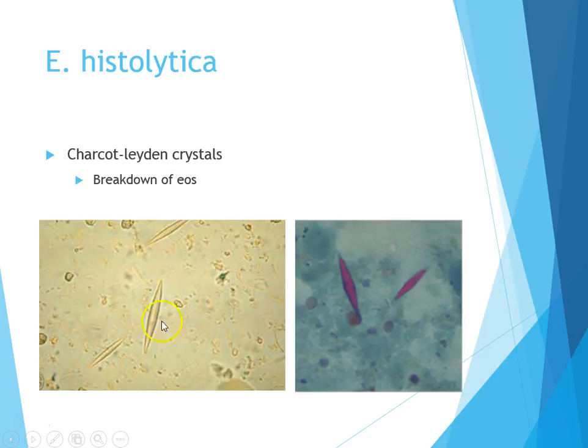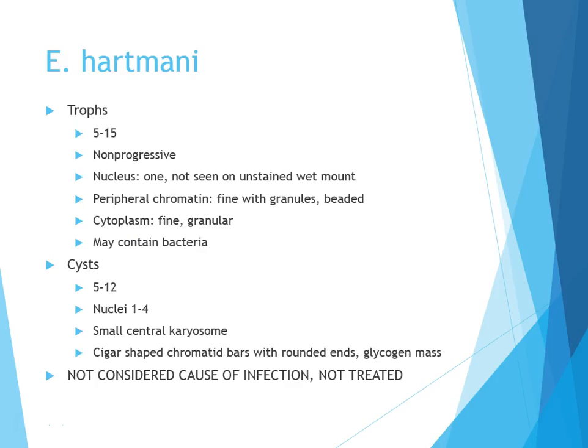This is a direct mount that's not stained, and then this is stained a pink color on a trichrome stain. But you need to know what those are, and those could really be in any parasite that we talk about, but it's seen with this organism more often. And again, this is the only pathogen.